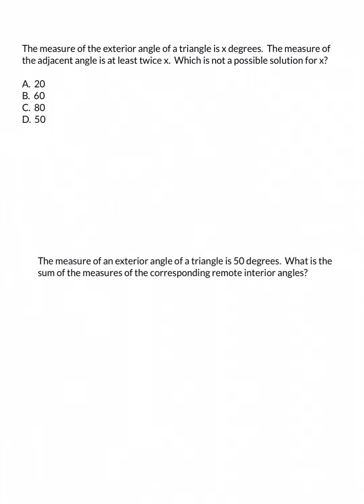Now let's look at these two word problems. The first one says the measure of the exterior angle of a triangle is x degrees, and the measure of the adjacent angle is at least twice x. Which is not a possible solution for x? So we know that we're going to have a triangle, and our exterior angle is going to be x, and our interior angle is going to be twice x, at least twice x.